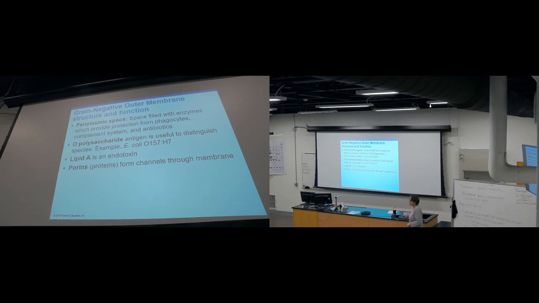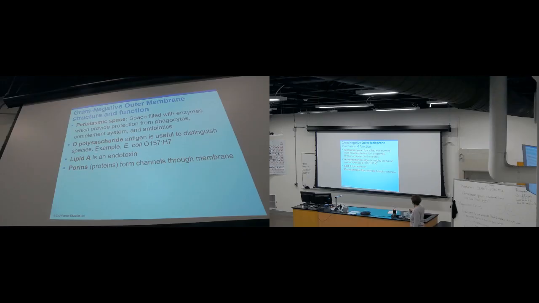It also prevents destruction by a series of proteins that many host cells have, called the complement system. Like our body, our immune system has a series of proteins called complement. We will see that later. And it also helps to destroy antibiotics.